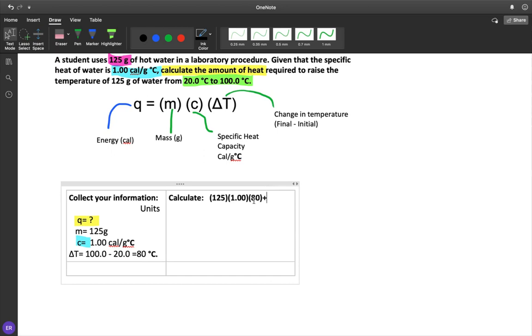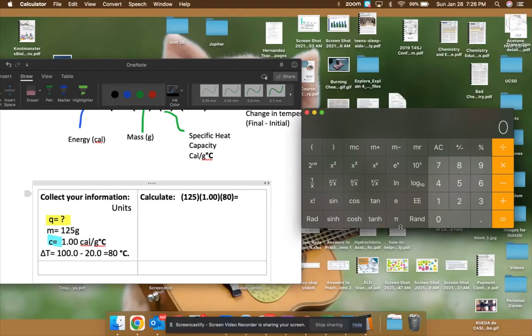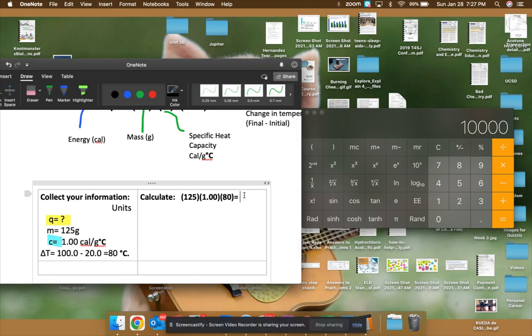Plug that into your calculator: 125 times 1.00 times 80 equals 10,000.